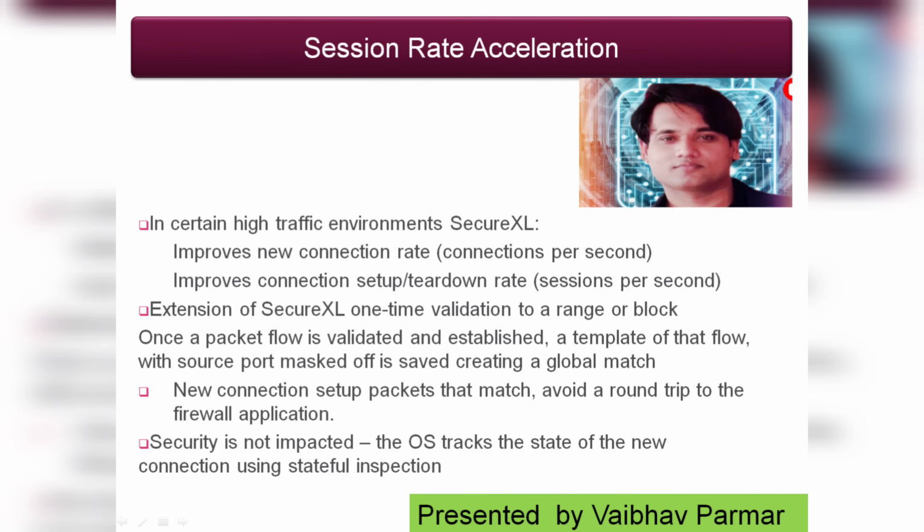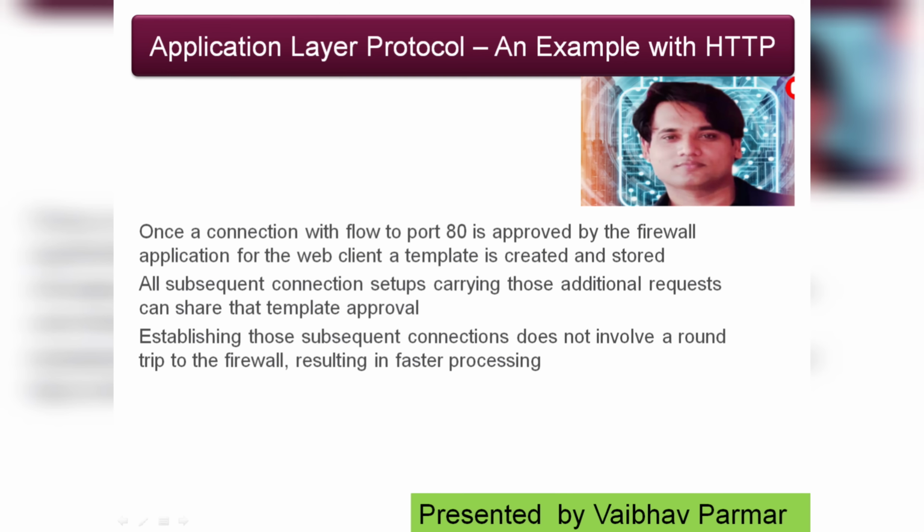Let's understand this with an example. A client requests a connection to a server. This connection request will initiate a three-way handshake. Consider the client wants to communicate over port 80. Let's look at applying SecureXL at the firewall.